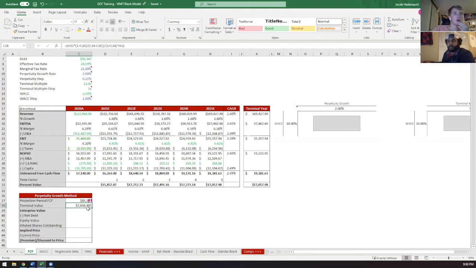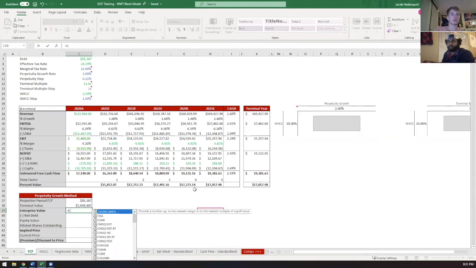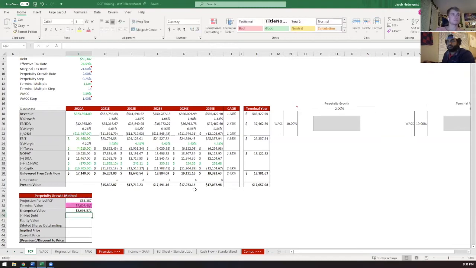Okay, cool. Yeah, so enterprise value is just going to be the sum of these two sets of cash flows, because these cash flows represent the value of the company as a whole. So we'll just sum these up. With enterprise value, we're estimating the value of the total firm.